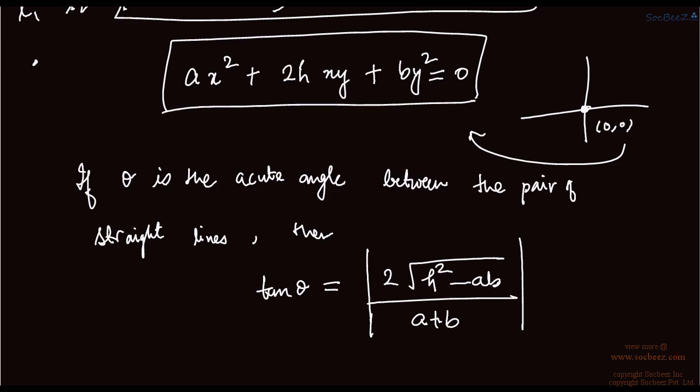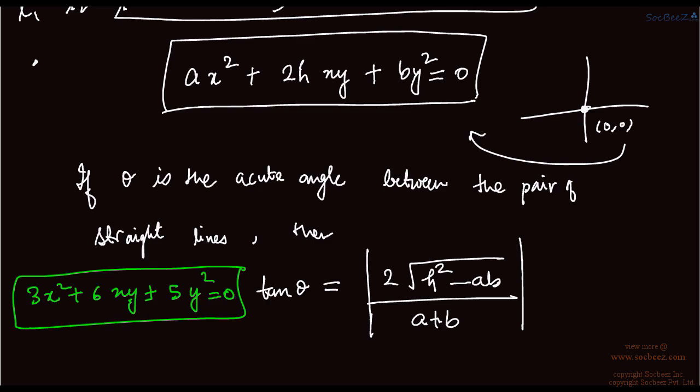Let's say you have an equation like 3x square plus 6xy plus 5y square is equal to 0. This represents a pair of straight lines. So tan theta will be 2 root of h square minus ab. H is what? 3. So 9 minus a into b, that is 15. This is not a pair of straight lines.